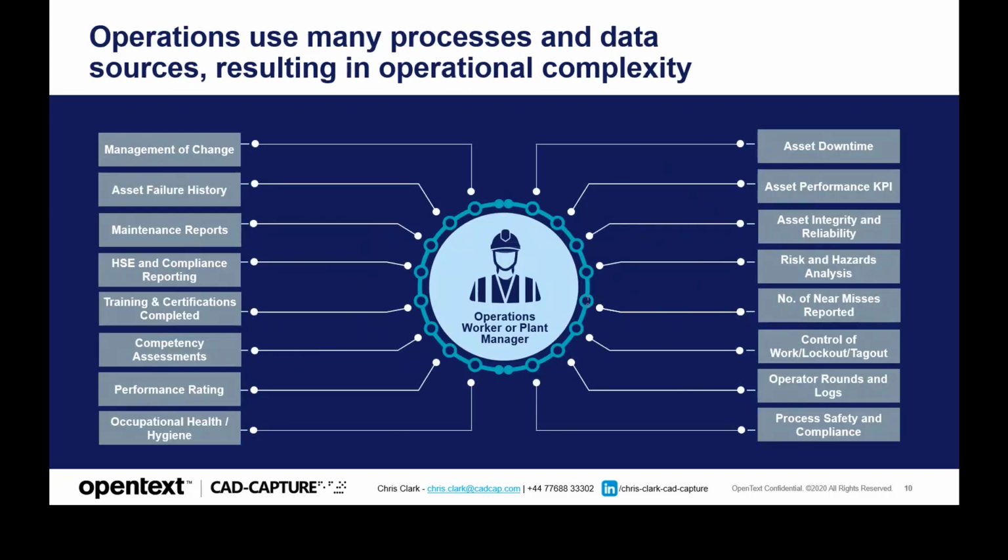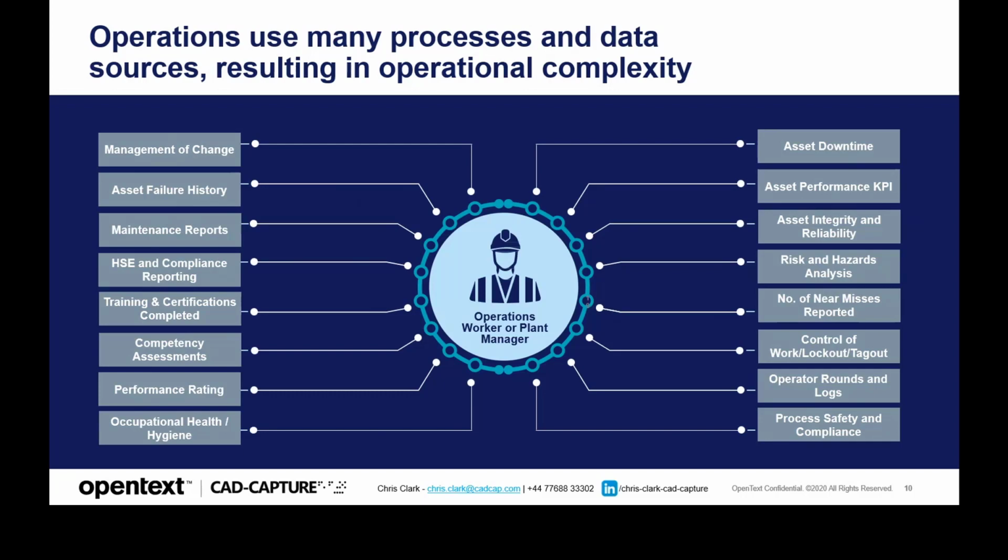The problem this causes is best illustrated when we look at it from the viewpoint of an operations or maintenance engineer, as we see on this slide. For example, a maintenance engineer, to carry out a work order, must first access an EAM system, then look at maintenance reports, find the shutdown and startup procedures, check HSE regulations and compliance reports, review PSI processes, and so on.